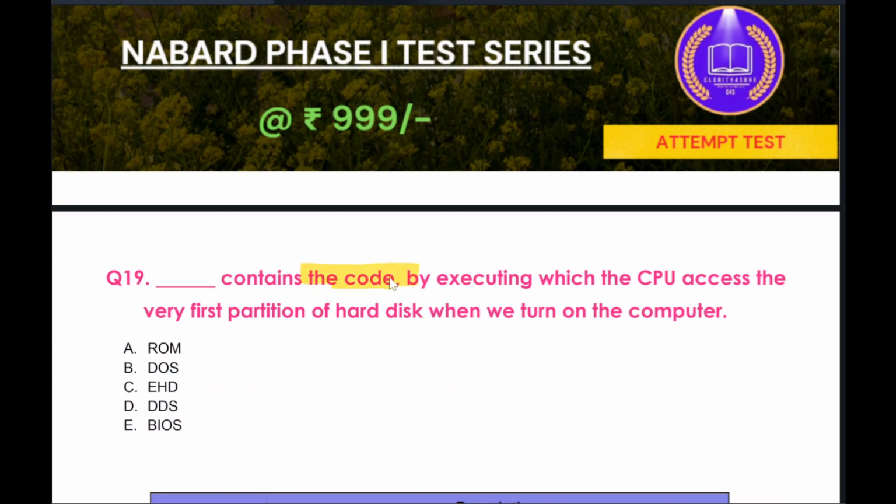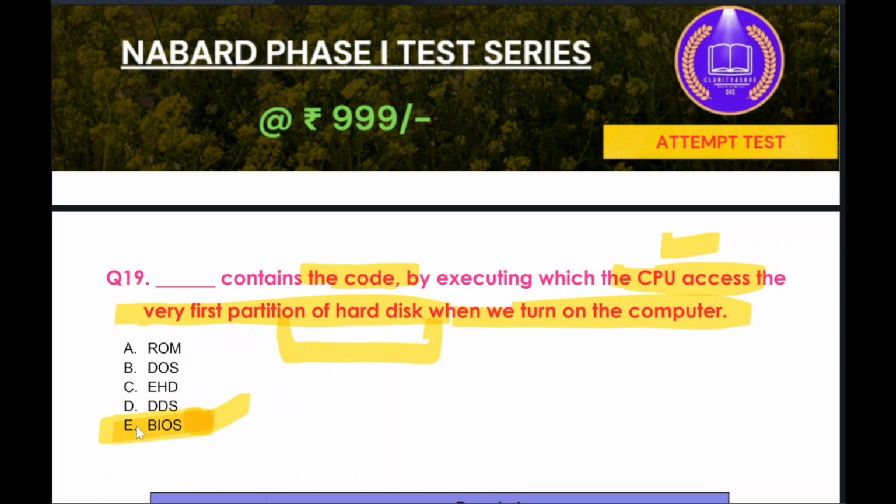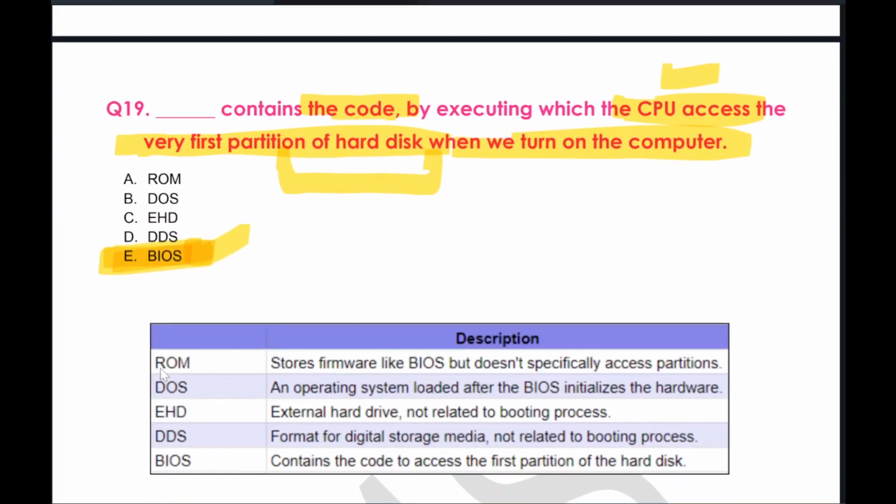Which contains the code executed by the computer CPU to access the very first partition of the hard disk when we turn on the computer? When you turn on the computer, it is the first code that is accessed. The CPU accesses the very first partition of the hard disk, and that is the BIOS. The options are ROM, DOS, and EHD.